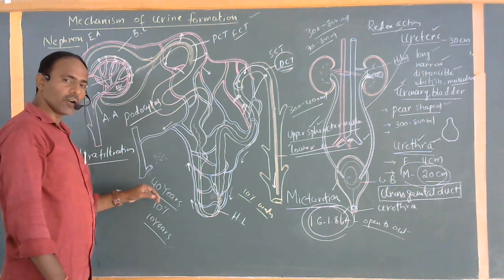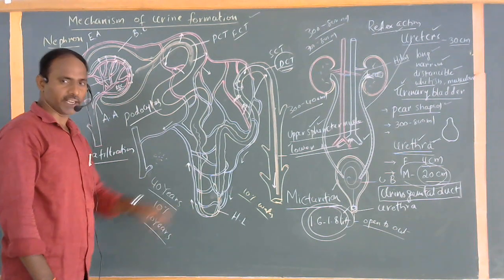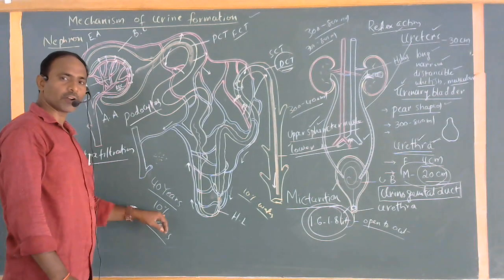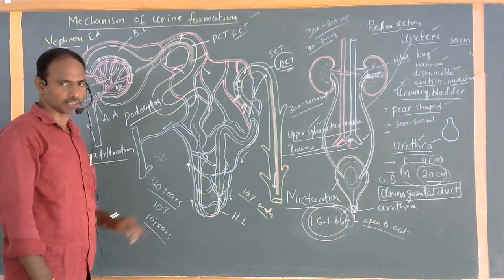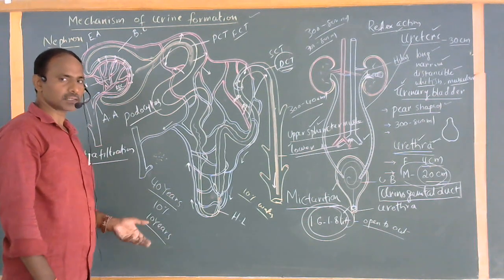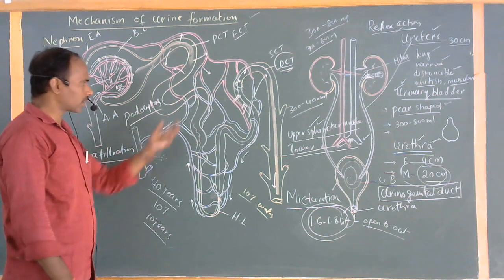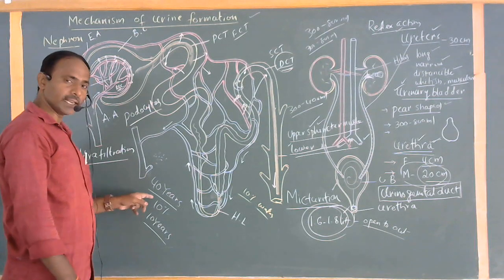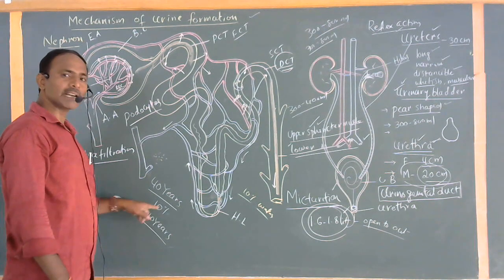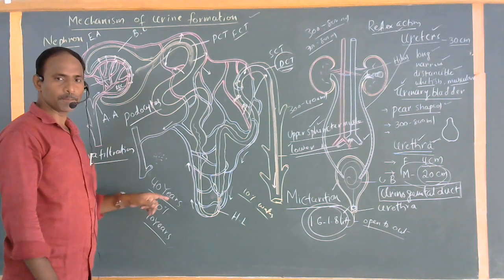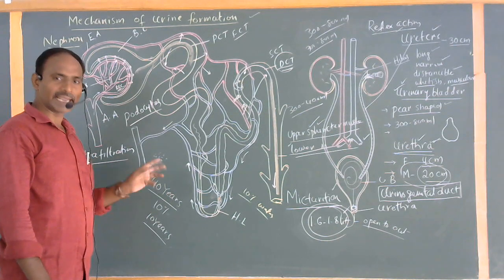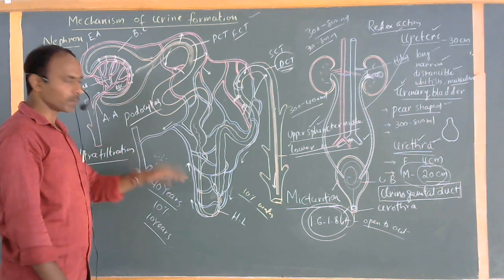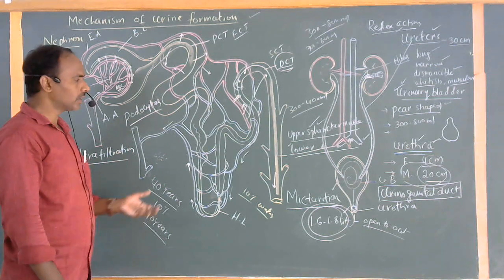For example, when a person reaches 50 years, 10 percent of the nephron ability decreases. By 60 years, 20 percent of the nephron ability decreases. Understood clearly? After 40 years, for every 10 years, 10 percent of the nephron ability or capacity decreases, which means urination problems might also be caused.